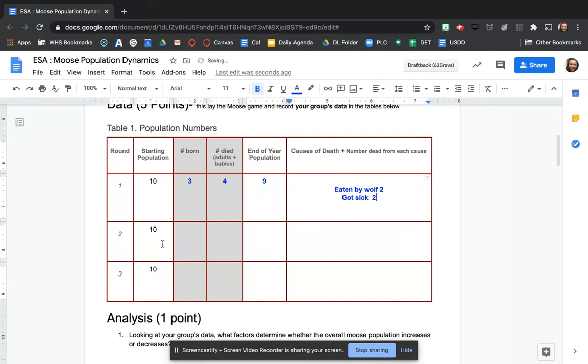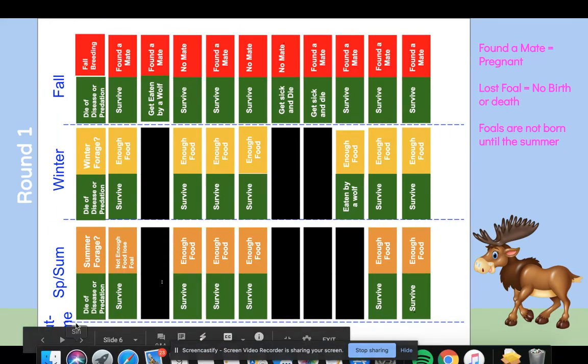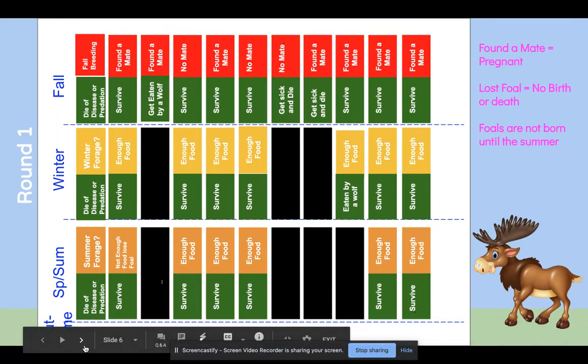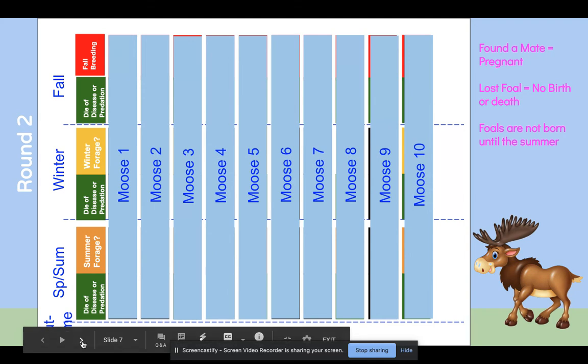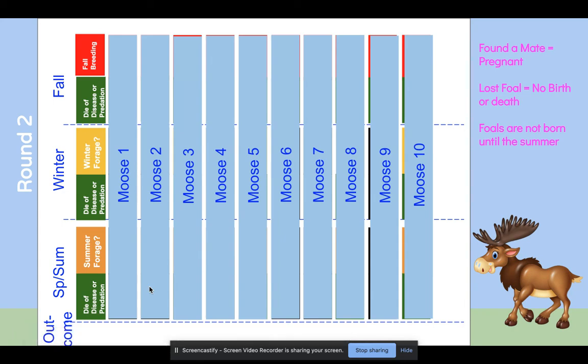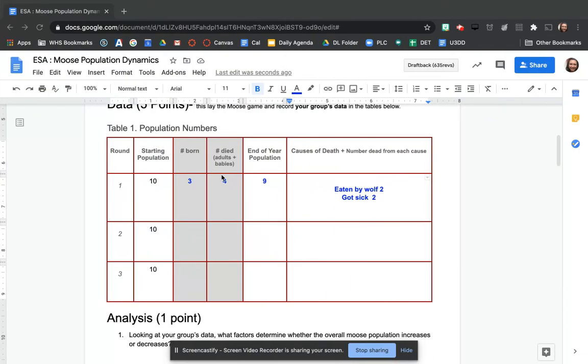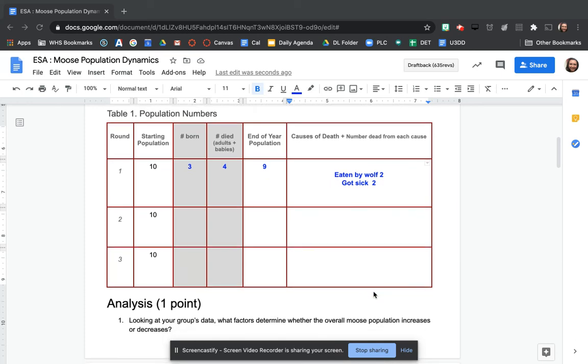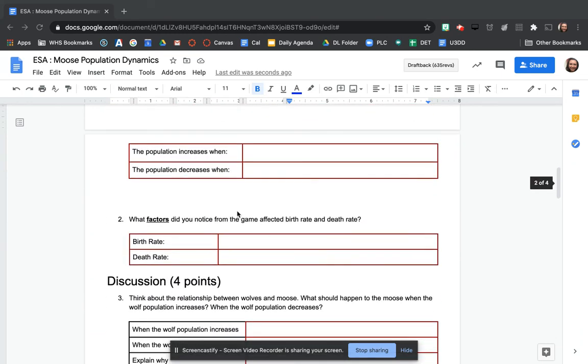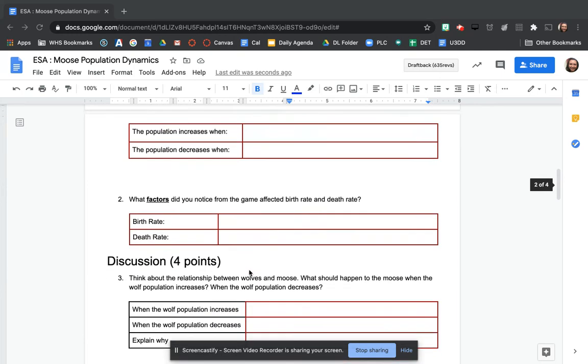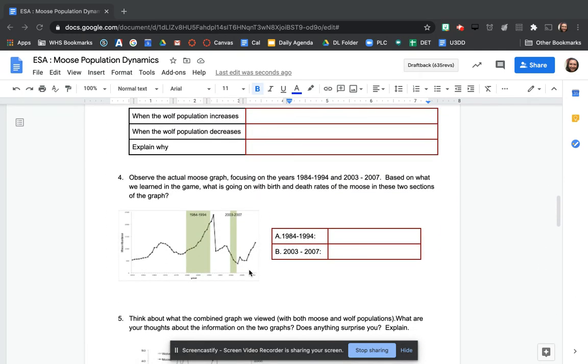Then you're going to keep clicking to get to round 2, and you're going to go all over again. You have to do rounds 2 and 3 by yourself until all of these are filled up. That's where you're stopping, and we will be working on these questions together tomorrow in class. I hope you have a wonderful night, and I hope this helps you a lot.